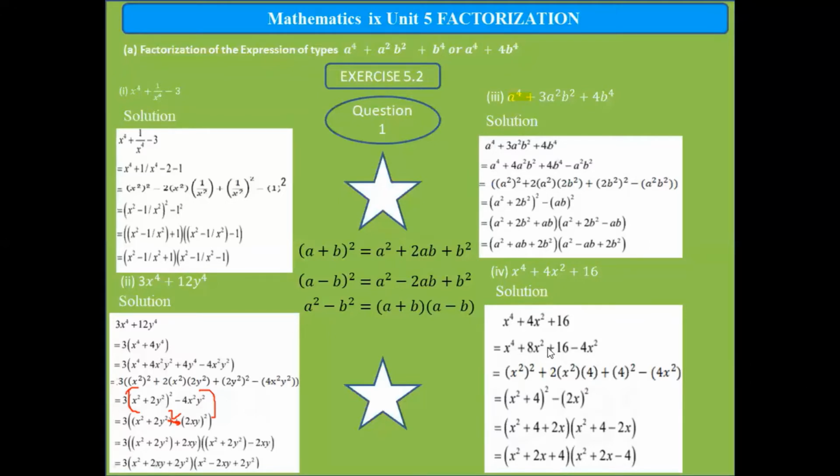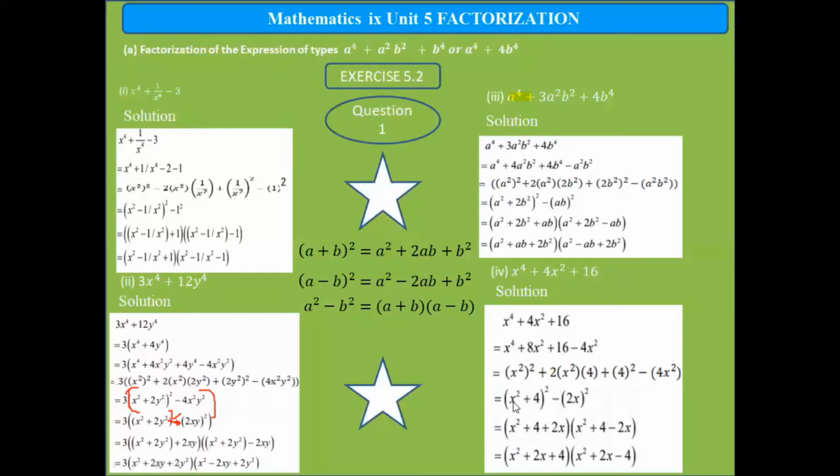So now I can write this in this form: a square plus 2ab plus b square. Here a is x square and b is 4. Now when I write this in closed form, this is equal to x square plus 4 whole square, minus 4x square, which can be written as 2x whole square.